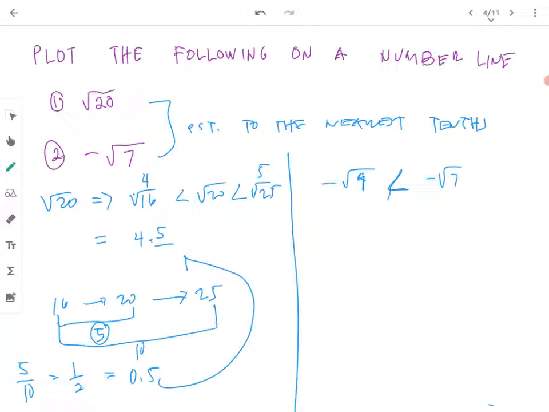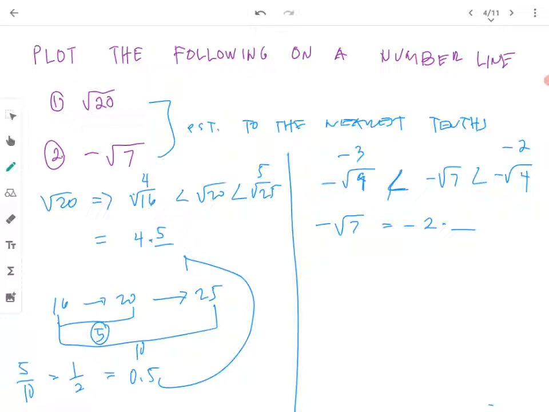It means that negative square root of 7 is greater than negative square root of 9 and less than negative square root of 4, because negative square root of 9 is negative 3, and negative square root of 4 is negative 2. So negative square root of 7 is between negative 3 and negative 2, meaning it is negative 2 point something. We do not know yet the tenths value.